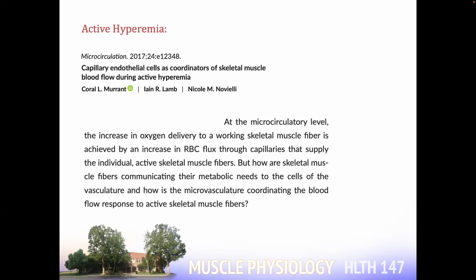But those active fibers might be living alongside fibers that aren't firing at all, some high threshold fibers that aren't actually active. So how do you get the blood where it needs to go? How do you direct it to the appropriate capillary beds?